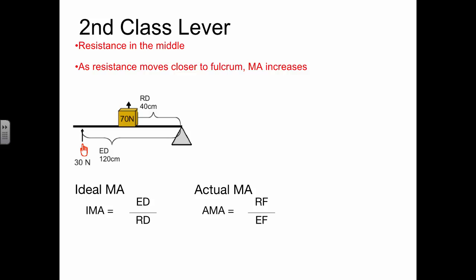Giving us a mechanical advantage of 3. In this simple machine, Karina, what's the resistance force? 70 newtons. And Luke, what's the effort force? 30 newtons. Giving us a mechanical advantage of 2.3.